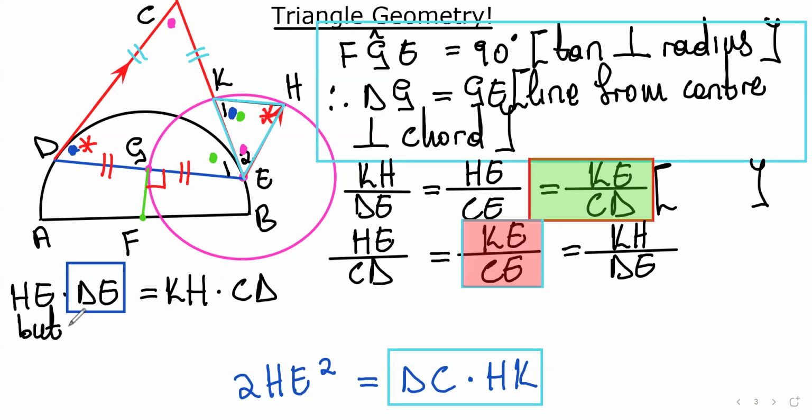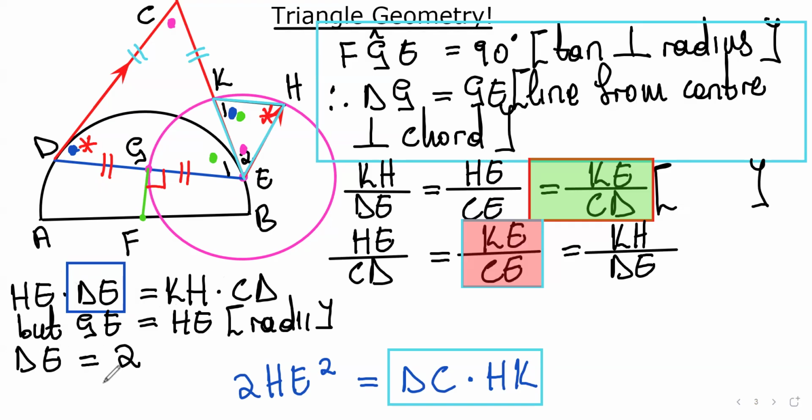We know that GE is equal to EH or HE because they are radii. And we also know that the whole of DE is twice as much GE.